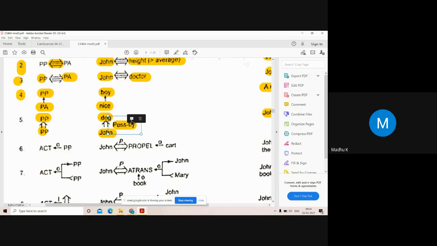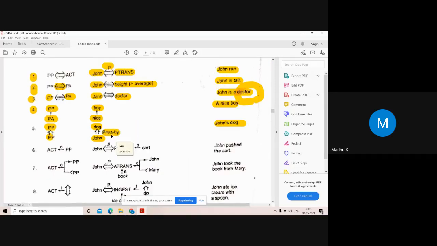So this is John's dog, or Anusri's dog, Ashwati's dog.